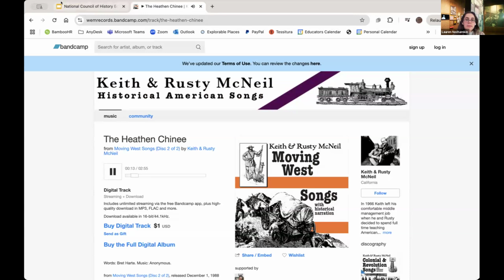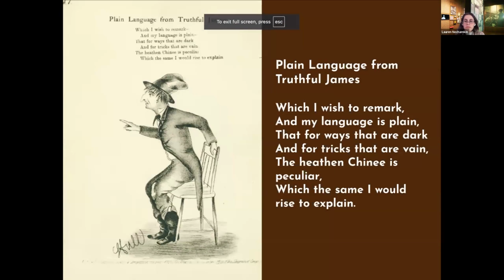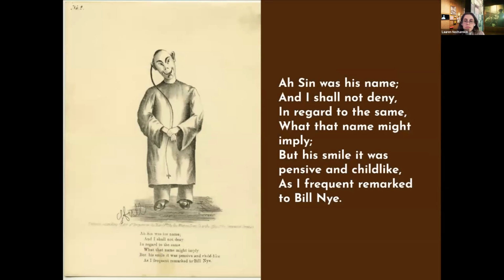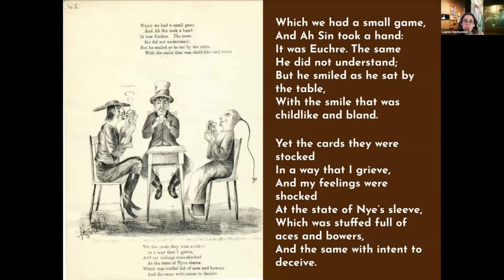Okay, great. Which I wish to remark, and my language is plain, that for ways that are dark and for tricks that are vain, the heathen Chinese is peculiar, which the same I would rise to explain. Ah Sin was his name, and I shall not deny in regards to the same what that name might imply. But his smile, it was pensive and childlike, as I frequent remarked to Bill Nye. It was August the 3rd, and quite soft was the skies, which it might be inferred that Ah Sin was likewise. But he played it that day upon William and me in the way I despise, which we had a small game.